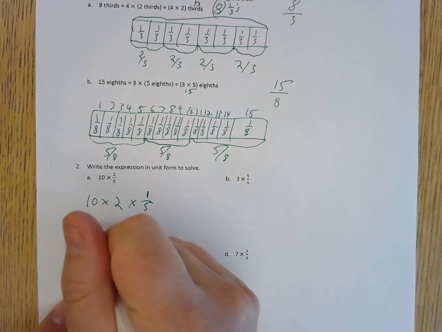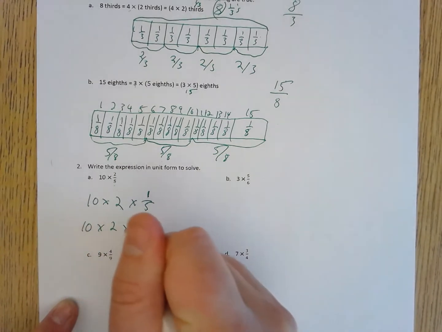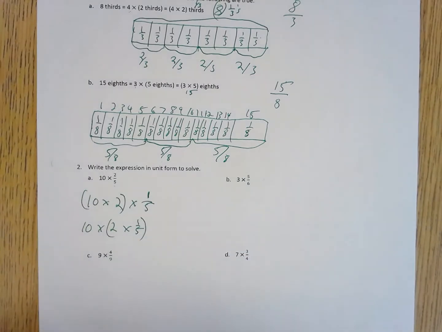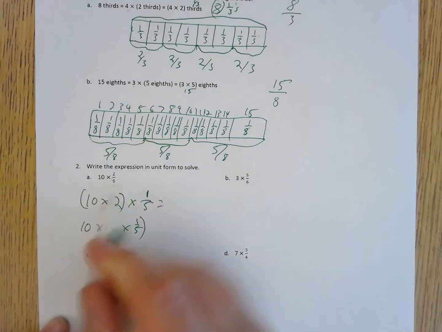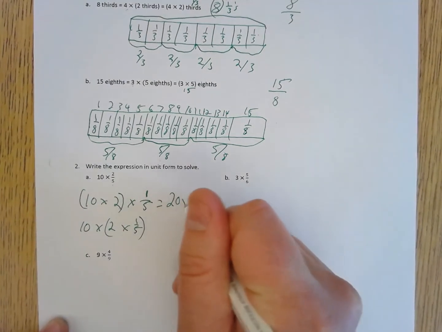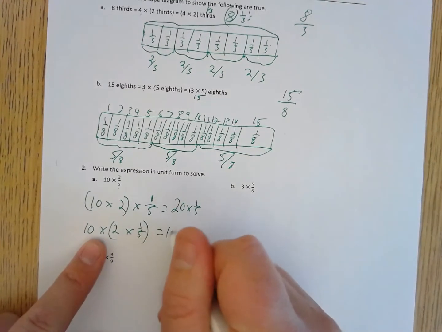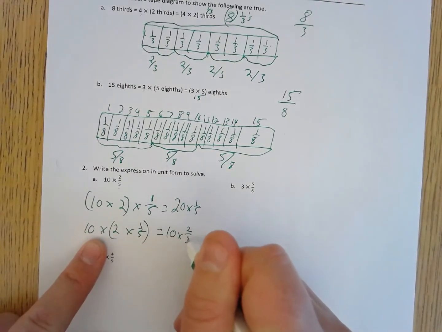Okay. If we write this out again, we can show the different ways that we can use the associative property. So this is going to equal 10 times 2 is 20 times 1/5, and then this is going to give us back to our original problem. It's going to be 10 times 2/5.